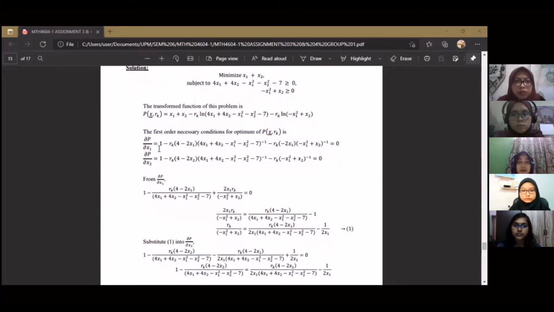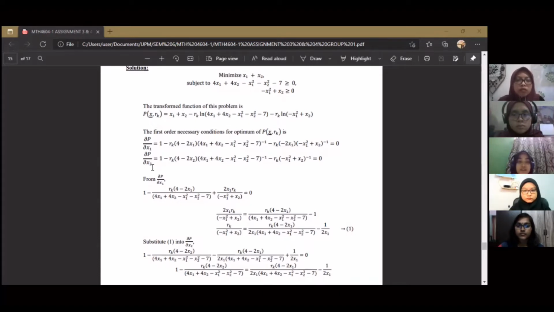We got 1 minus rk bracket (4 minus 2x1) and (4x1 plus 4x2 minus x1 square minus x2 square minus 7) to the power of negative 1 minus rk (negative 2x1)(negative x1 square plus x2) to the power of negative 1, and we need to equal 0.